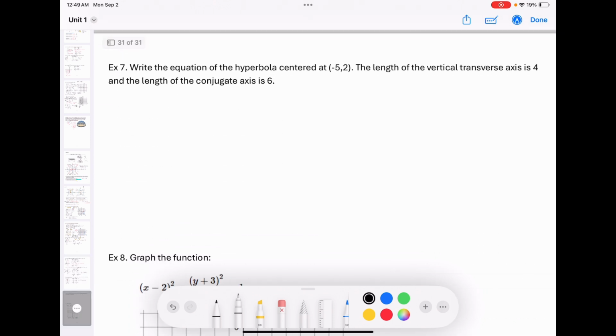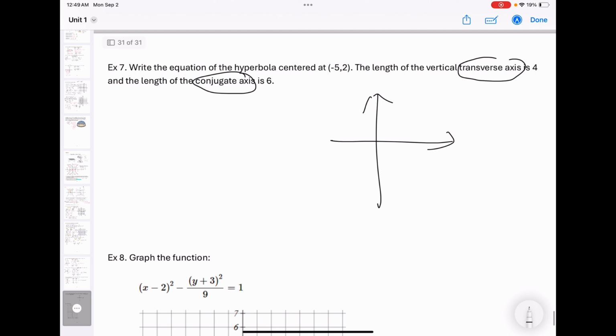Write the equation of the hyperbola. It gives us the center, the length of the vertical transverse axis is 4, and the length of the conjugate axis is 6. What is the meaning of the transverse axis and the conjugate axis? I don't know the shape of my hyperbola, but I can randomly draw my hyperbola.